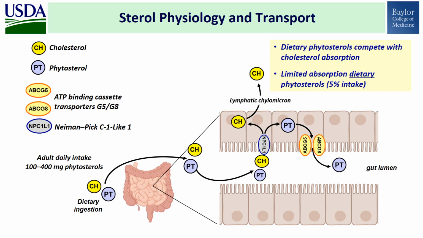This slide shows a little bit about sterol physiology and transport. I've shown you for both cholesterol and phytosterols how they are transported through the gut and the liver. What I'm showing you here are the ATP binding cassette transporters G5 and G8, as well as the Niemann-Pick C1-like transporter, both of which are expressed in the gut. Under normal circumstances in adults, there's a quite large range in phytosterol intake, anywhere between 100 and 400 milligrams per day.